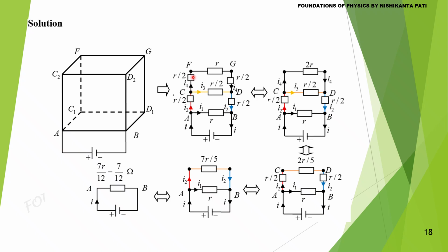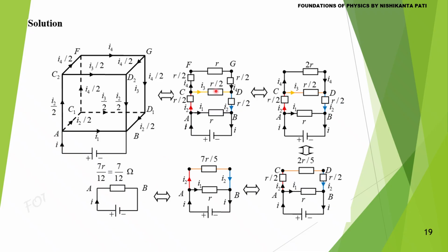So from C to F, there are two resistors in parallel. Current is I4. Hence through each resistance, current is I4 by 2. C to F, I4 by 2, I4 by 2.